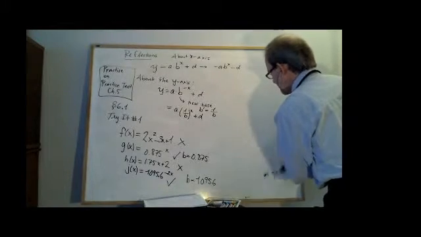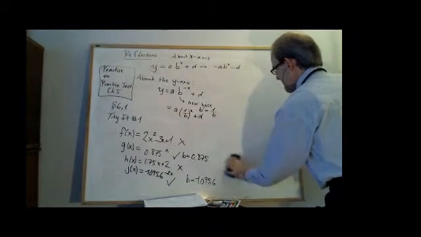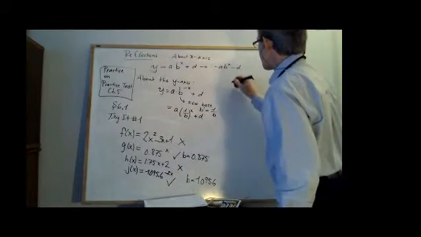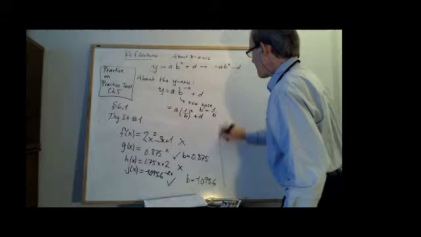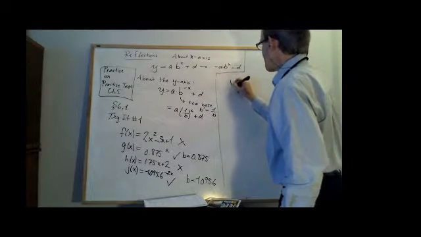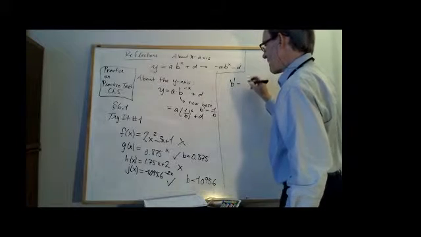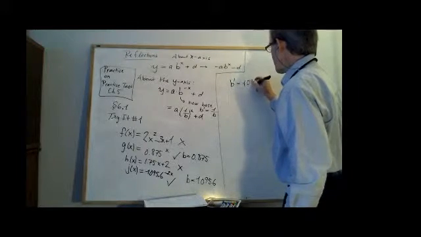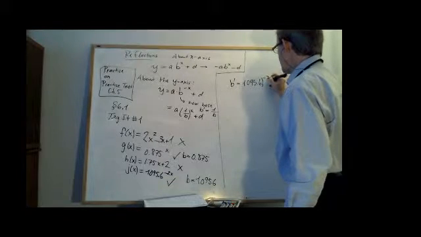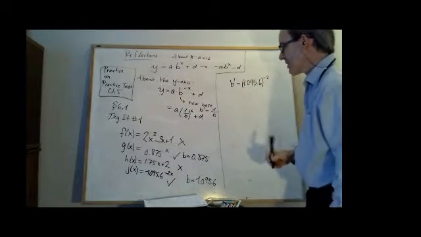What will be the new base, by the way, if I incorporate this minus 2x? It will be b prime equal to 1095.6 to the power minus 2. How do I know that?